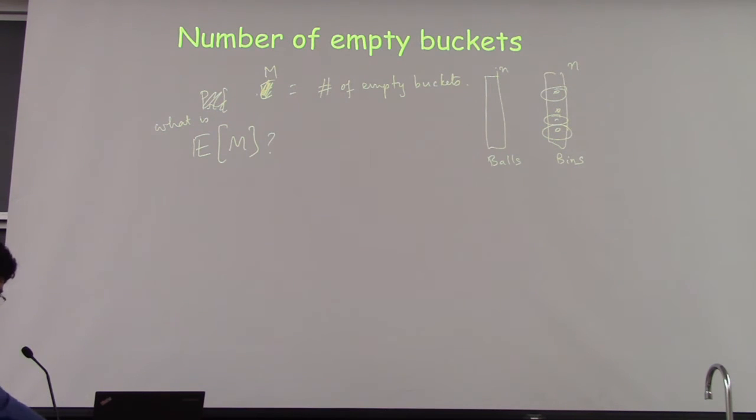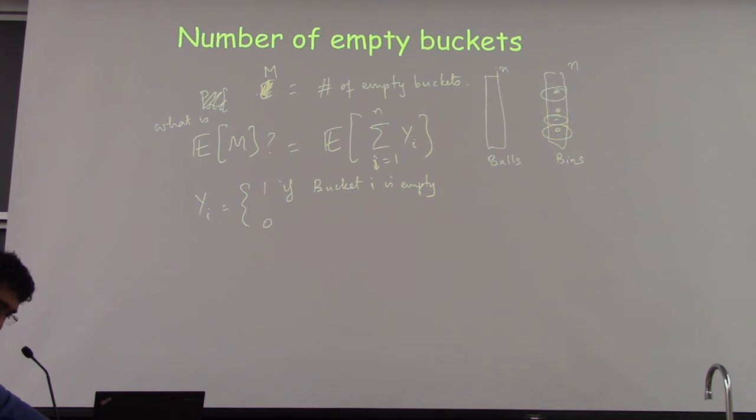So again, let's write this as the expectation of the sum over i equals 1 through n of Y_i, where Y_i is 1 if bucket i is empty, and 0 otherwise. This is actually the easiest way to do it; doing it any other way is pretty difficult.